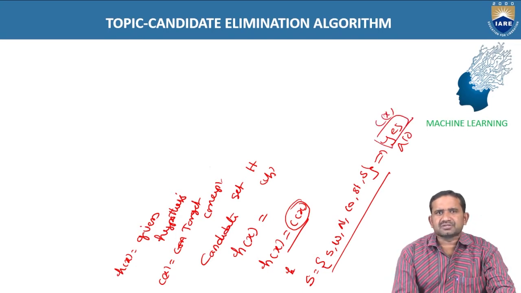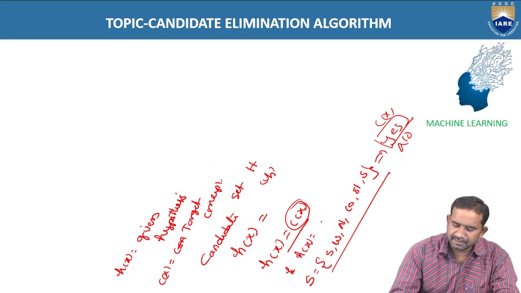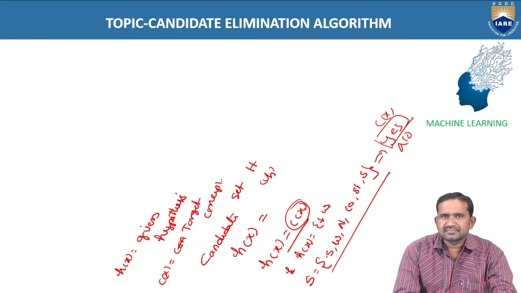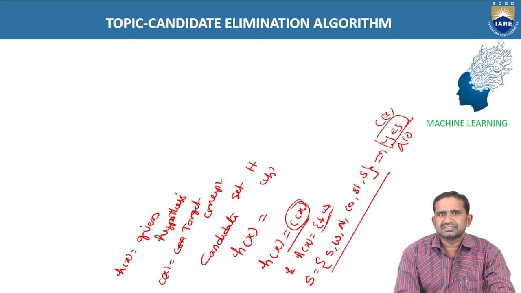The hypothesis h(x) also has attribute values, depending on the number of attributes. We compare the training example with the given hypothesis.